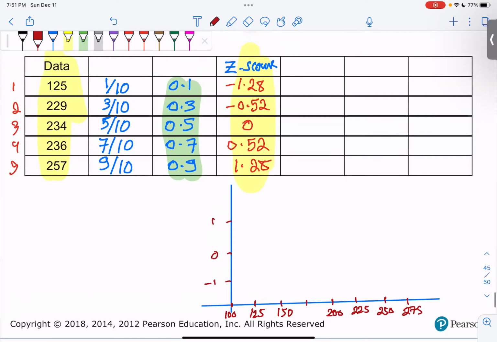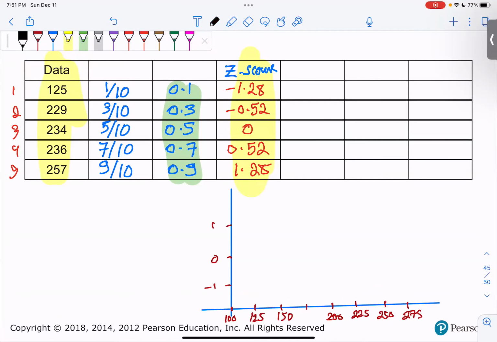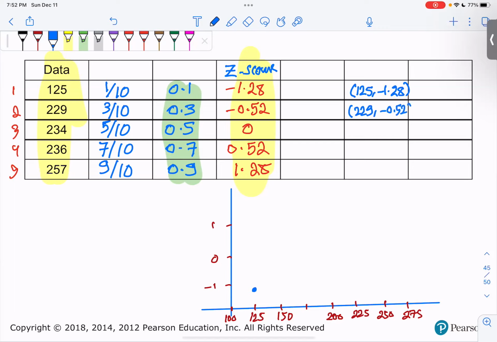So the first point, let me write them here so they will be clear to you, will be 125 and negative 1.28. So 125 and somewhere here, maybe. The next one will be 229 and negative 0.52.